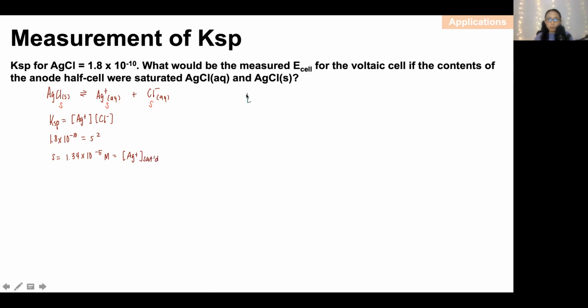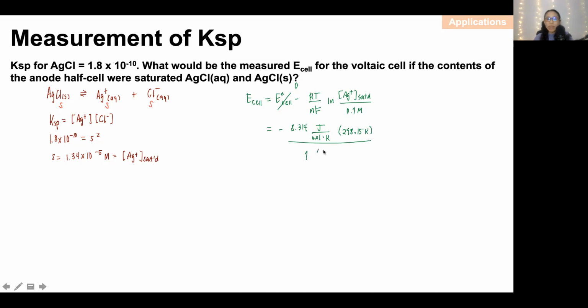Let's go to the Nernst equation. So cell potential equals standard cell potential minus RT over nF, ln concentration of silver ions in the saturated solution over 0.1 molar. The standard cell potential is 0. So that's negative 8.314 joules per mole per Kelvin times 298.15 Kelvin over, what is the electron number?